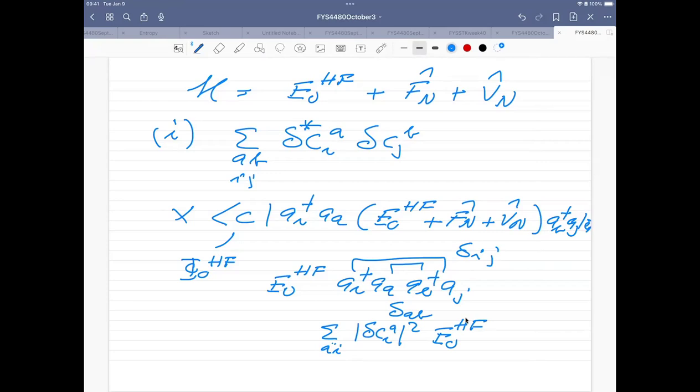That's the first term. Let's then look at this specific term here, because that's a one-body operator. Okay? So for the one-body operator, is it okay if I change page or just wait a little bit? Okay, let's just wait a little bit.